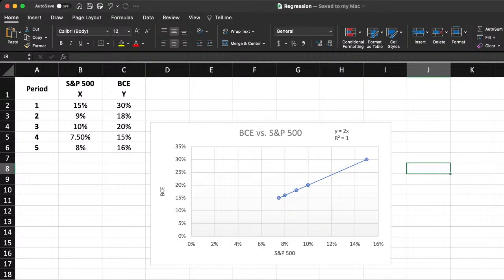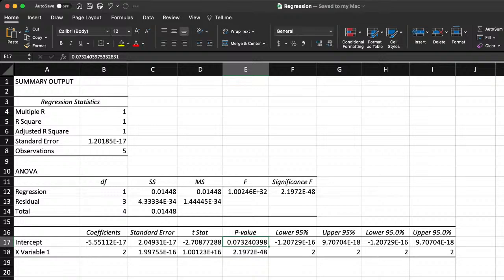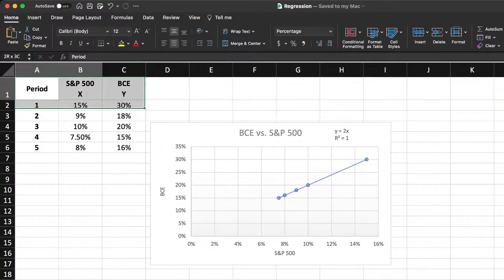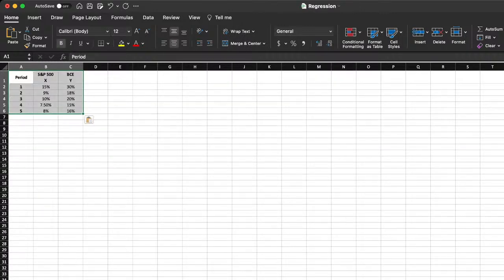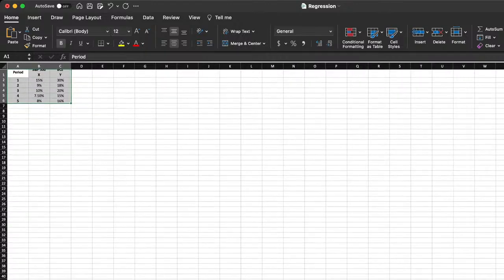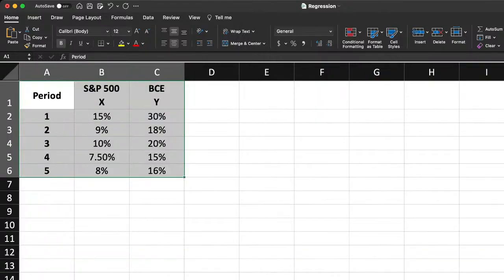So these are the data that we used last time. You have to put the data like the table here, right? Let me start fresh. All right, so what I want to do is see if I remember the steps.